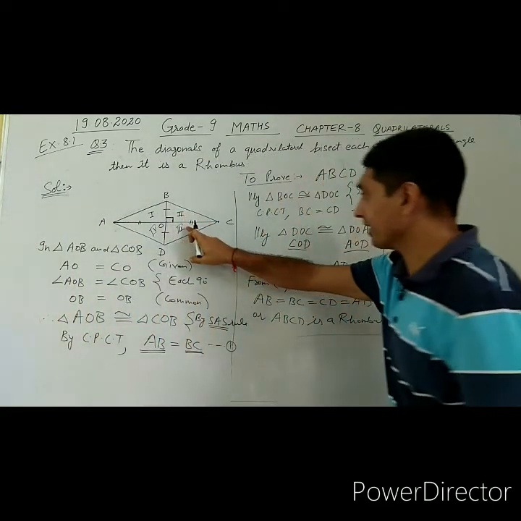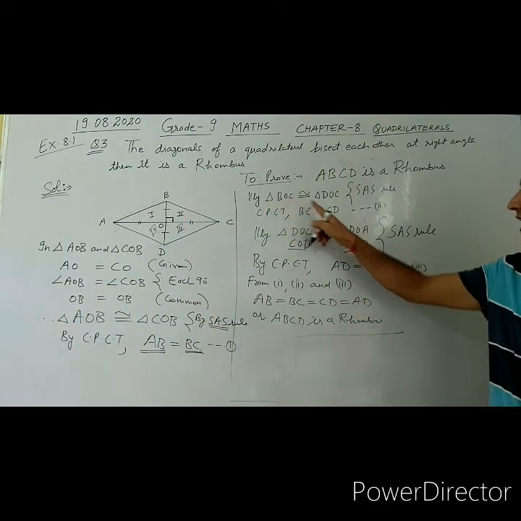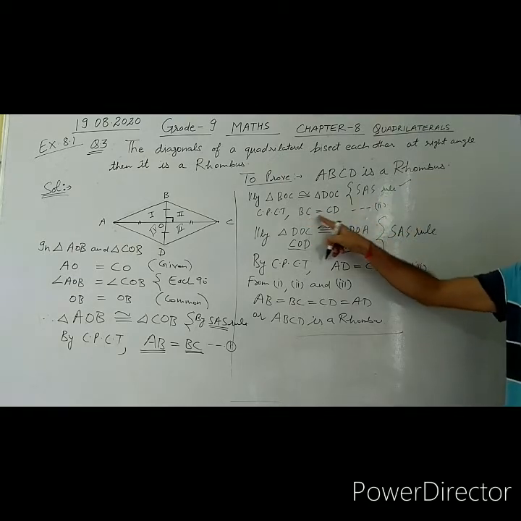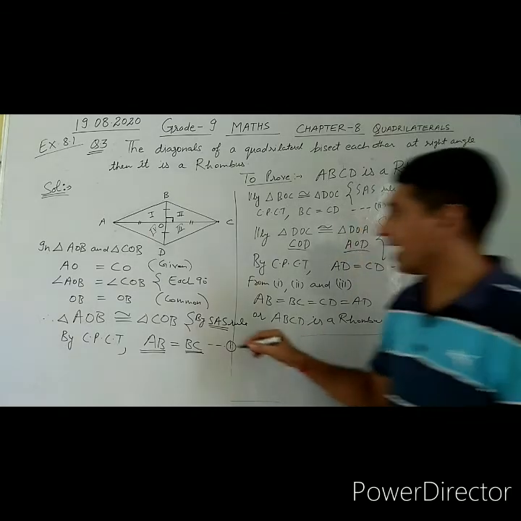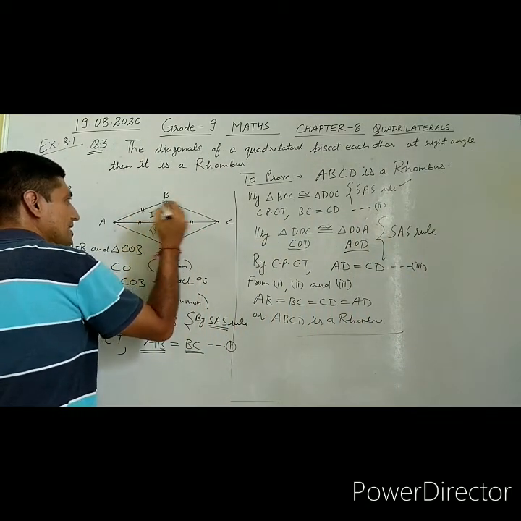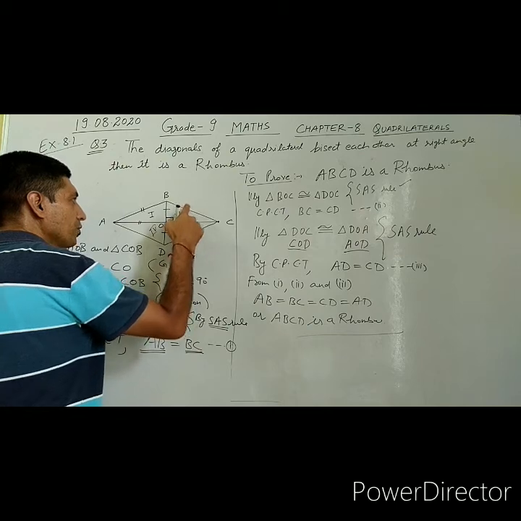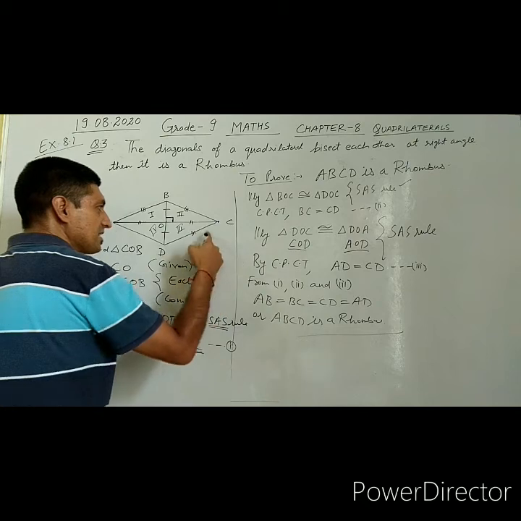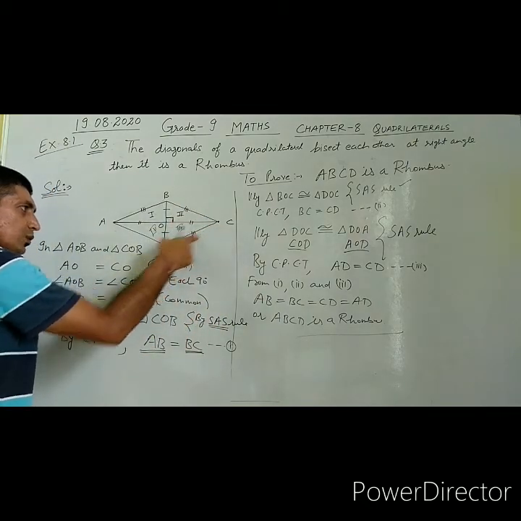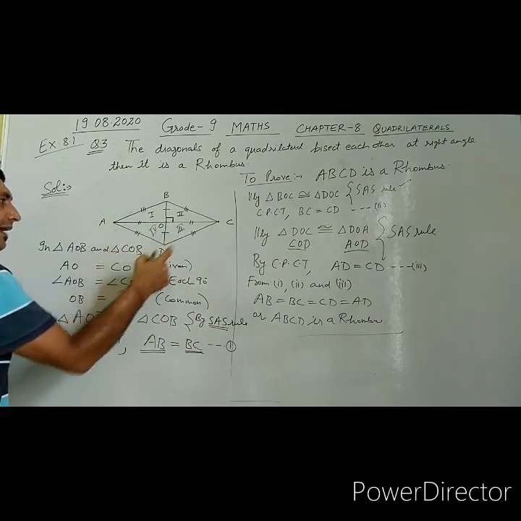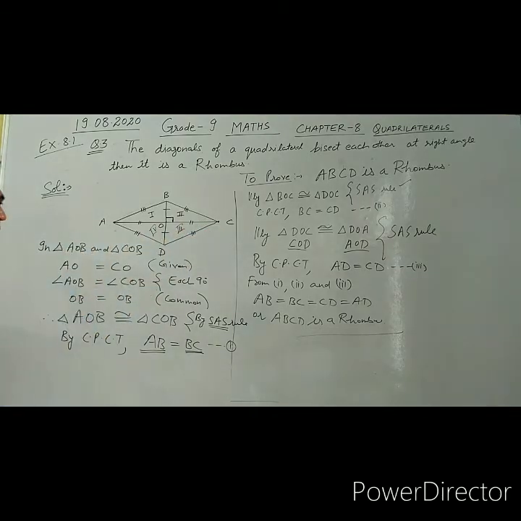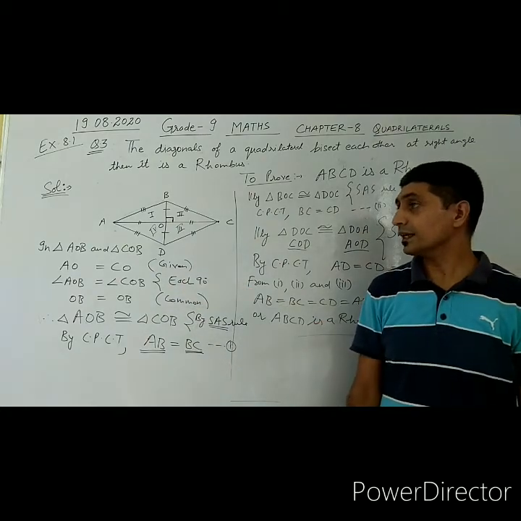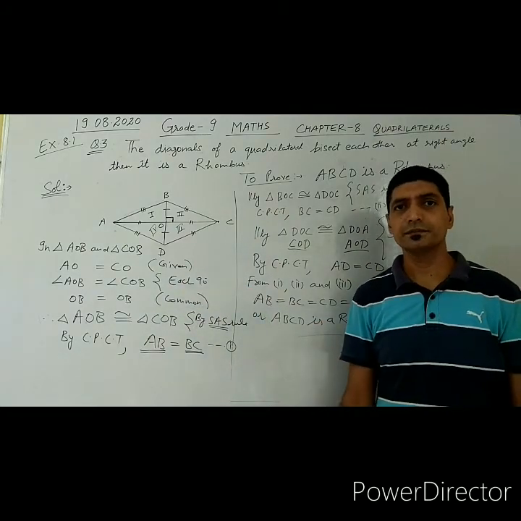Similarly, triangles BOC and DOC by the side angle side rule give BC equal to CD, and then CD is equal to AD. So this is all about question number 3. I hope you have understood it.